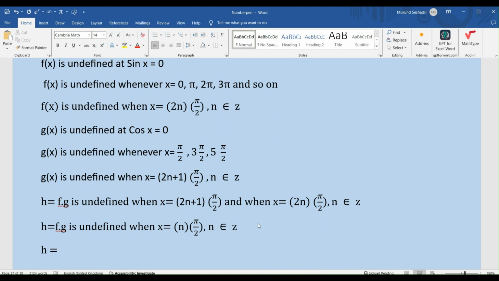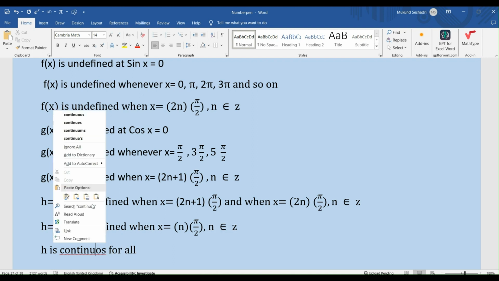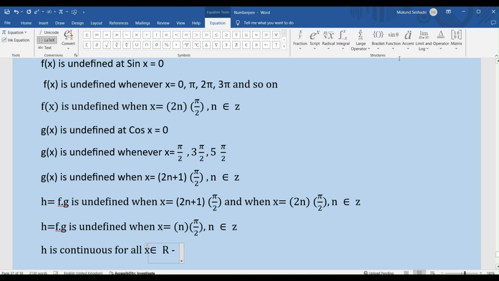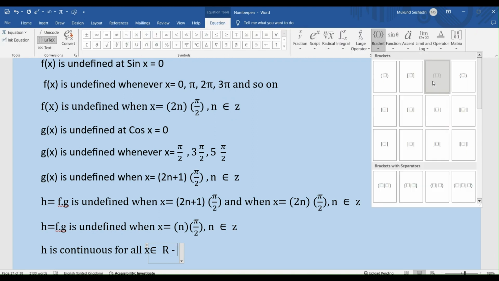h is continuous for all x belonging to R except, and allow me to pull out the bracket.